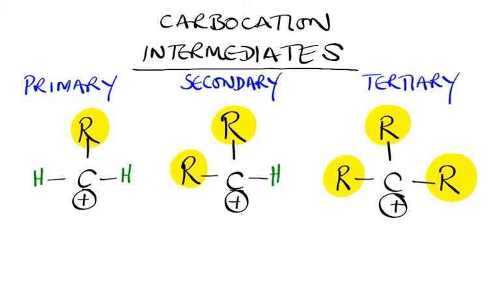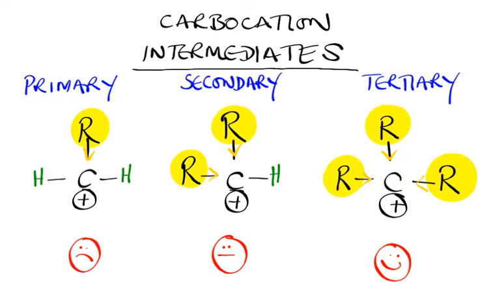The carbons don't like being positively charged, so these R groups being able to direct electron density towards the carbon will stabilise it, which means that tertiary carbocations are more stable than secondary carbocations, which are more stable than primary carbocations. So given the choice, we would go through a tertiary carbocation over a secondary carbocation over a primary carbocation.